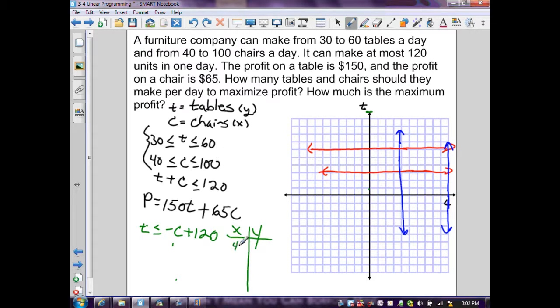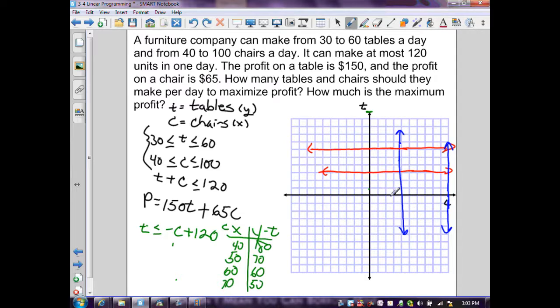So if I start at 40, I let x be 40, which in this case is C, and y would equal T. Negative 40 plus 120 gives me 80. 50 is going to give me 70. 60 is going to give me 60. 70 will be 50. And I think we can get the picture so we can start graphing.